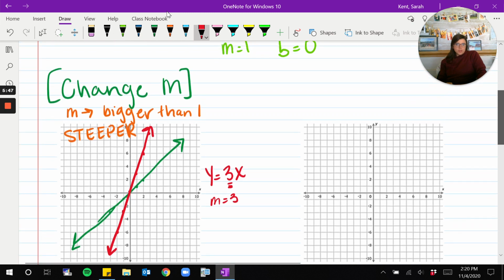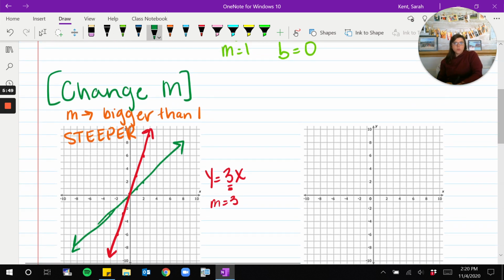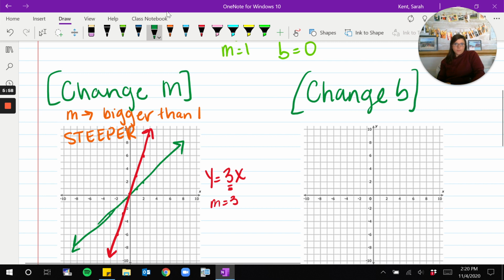But another piece we could change is we could change the y-intercept. We could change b. So if we change b, let's see what happens if we have plus a number. So our original graph is still going to be the same, this line in the middle.